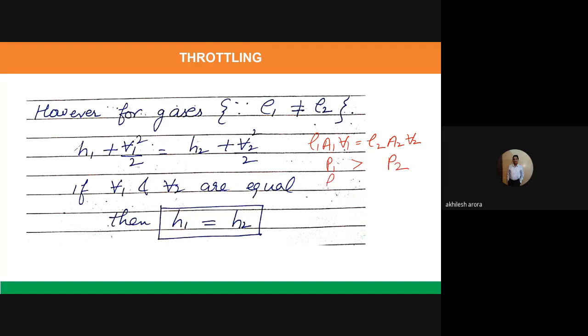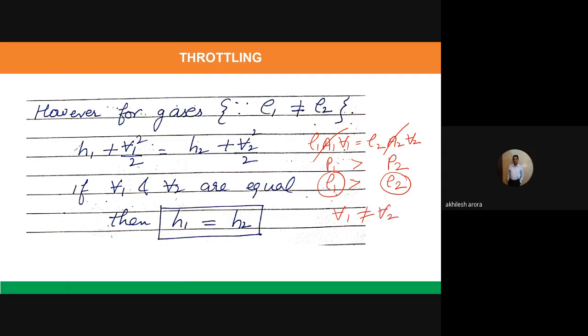So we cannot cancel out the density, but we can cancel out the area. Area can be cancelled out, but rho cannot. So it means V1 is not equal to V2.